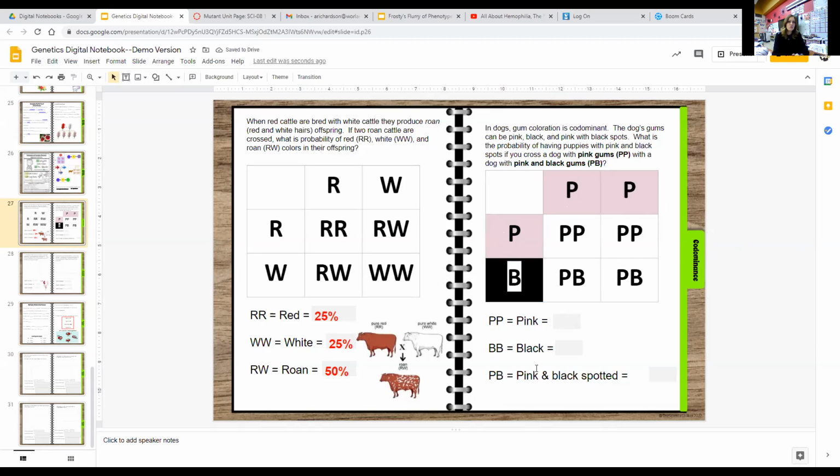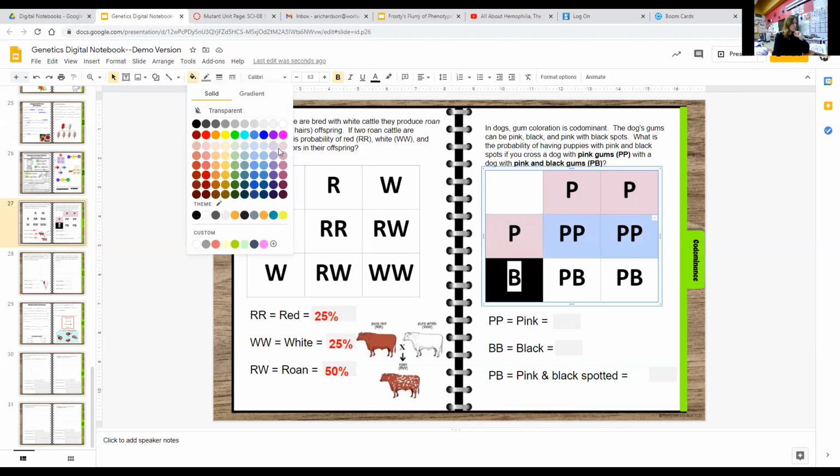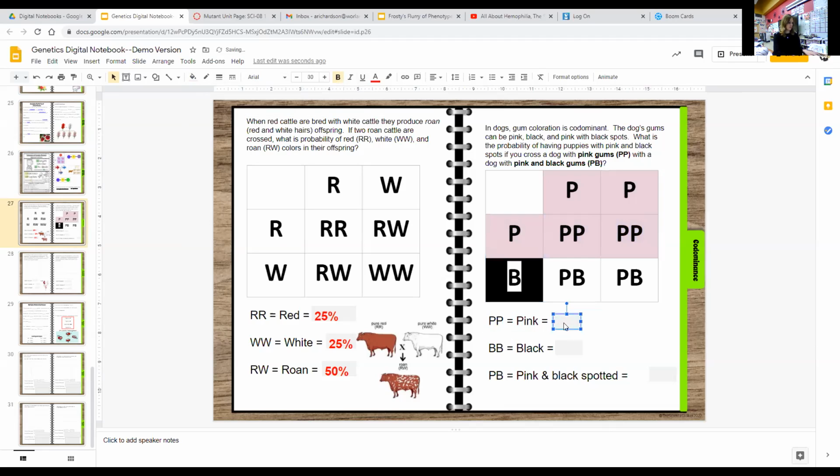All right. So what percentage of my offspring here are pink, meaning they have two pink alleles? Well, there's one here, and there's one here. So these are both going to be pink. So that's 50%. And then these ones down here are pink and black. So do I have any that are just black?